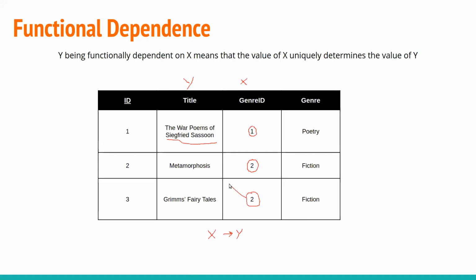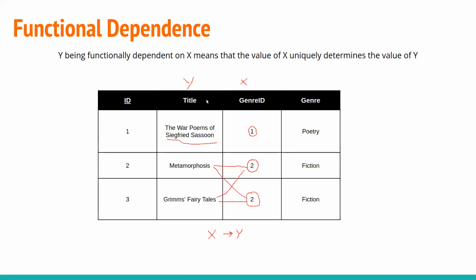The title could either be Metamorphosis or it could be Grimm's Fairy Tales, right? So there is no functional dependence here. The genre ID does not tell us what the title is. X does not imply Y.